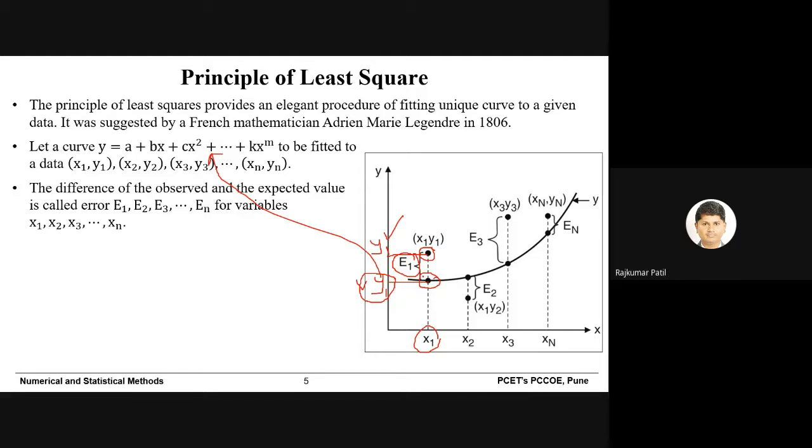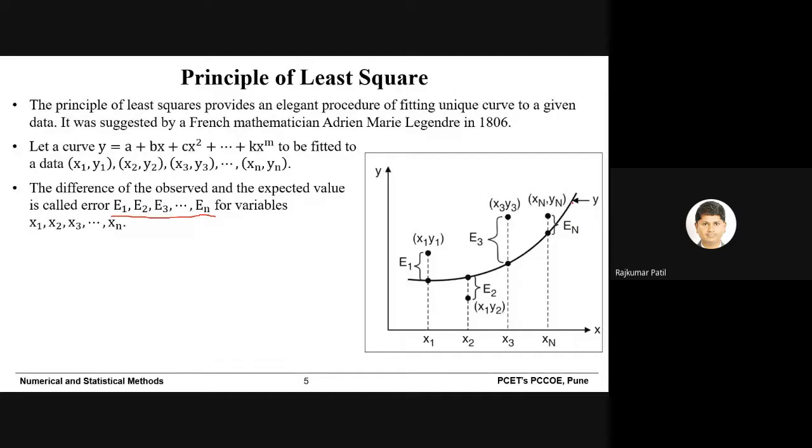So E1 is corresponding to first point, E2 is the error corresponding to second point, E3 is error corresponding to third point, and so on. So these are the errors, and our ultimate objective is to have minimum values of these errors so that accurate predictions can be made.